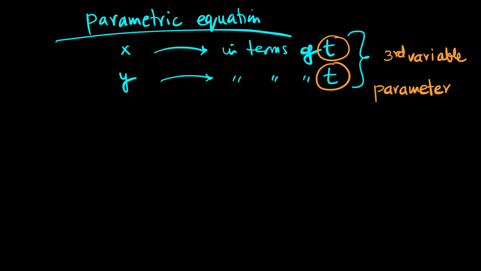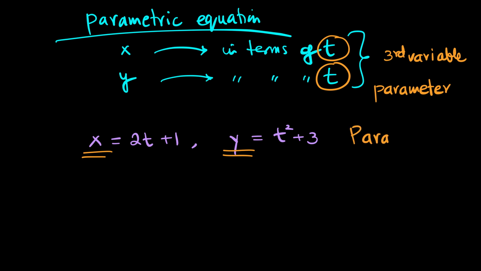For example, if I have the equations x equals 2t plus 1 and y equals t squared plus 3, this pair of equations is known as parametric equations. x is expressed in terms of t, y is expressed in terms of t.